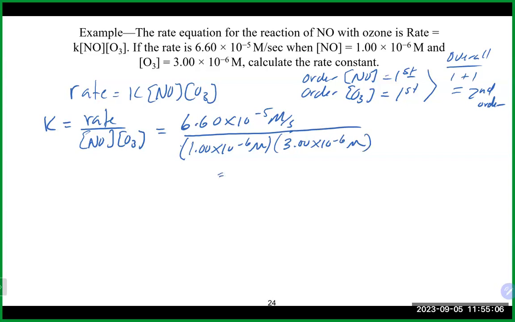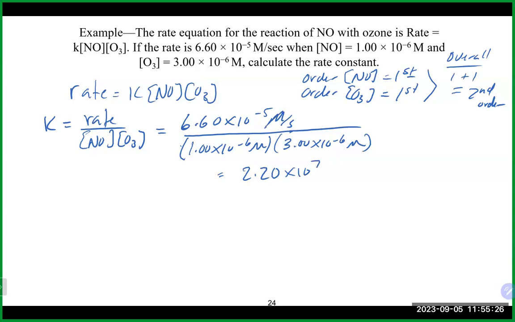Putting that into our calculators, making sure we use our exponent button, we get 2.20 times 10 to the 7.